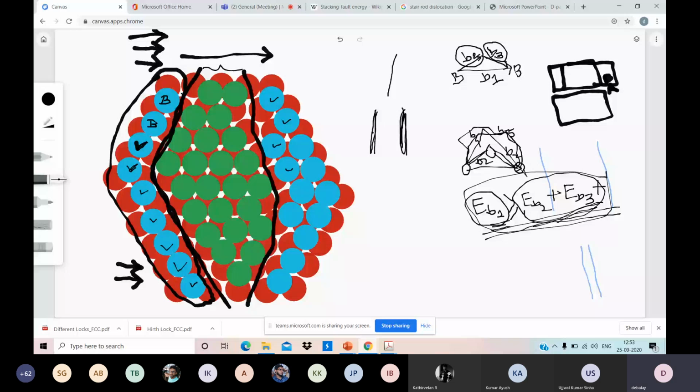But if they repel each other, then there is a problem. If they repel each other, their distance of separation will increase. My point is, whether these two partials will lie something like this, or something like this, what decides?